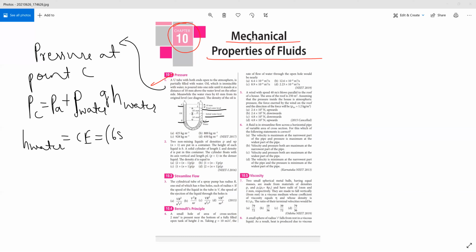So the value of that is 65 plus 65 millimeter. So if you add this, we are getting 130 millimeter.